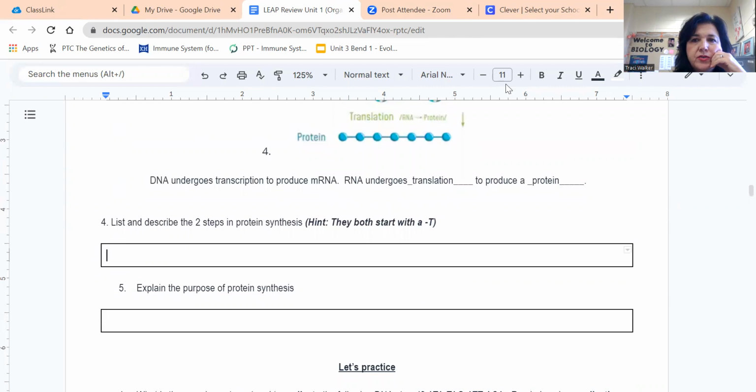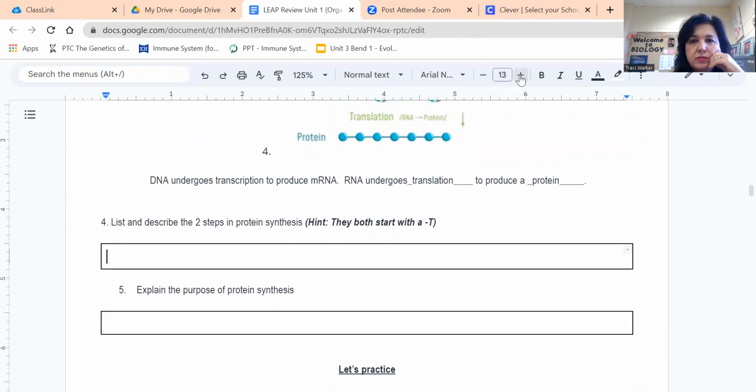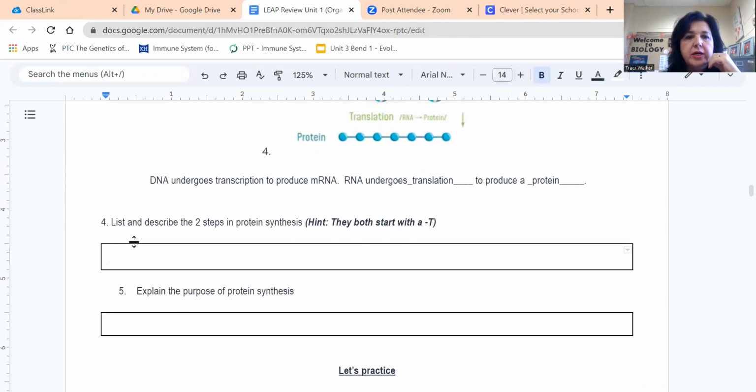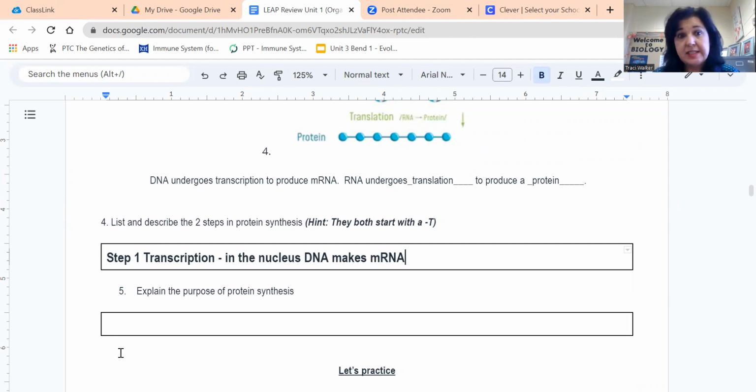So first, we're going to list and describe the two steps of protein synthesis, and they both start with a T. So step one is transcription. And in transcription, in the nucleus, DNA makes messenger RNA. That's it. That's all transcription is.